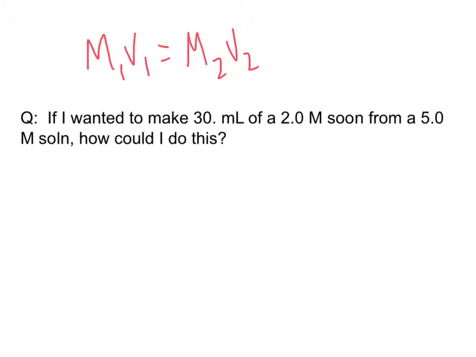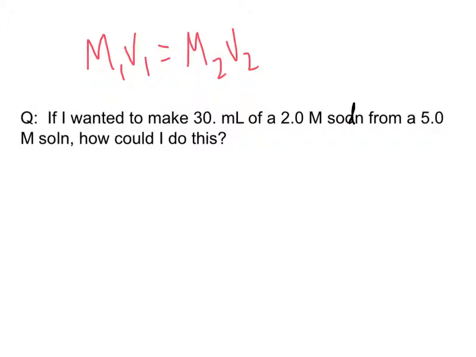The problem I gave you said if I wanted to make 30 milliliters of a 2.0 molar solution, from a 5 molar solution, how could I do this? And so this is obviously a dilution problem because we are taking a more concentrated solution and making it less concentrated.